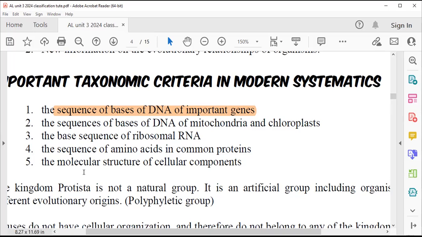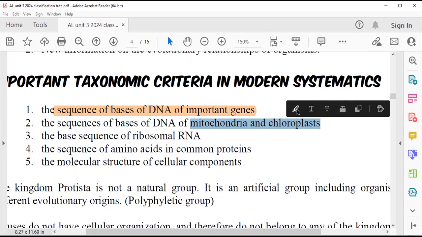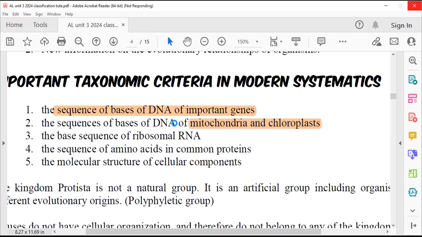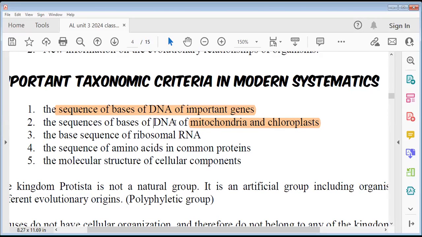Similarly, inside mitochondria and chloroplasts, do you know there is DNA? Yes, sir. Those DNA also have nitrogen base sequences, and that sequence is also compared. For your interest, I will tell you a simple point. In our body cells, we have mitochondria, no?